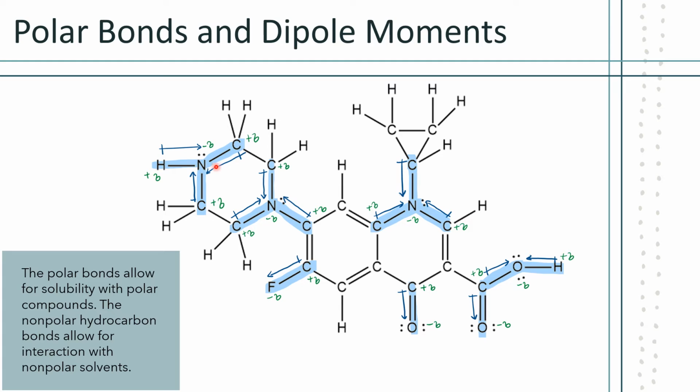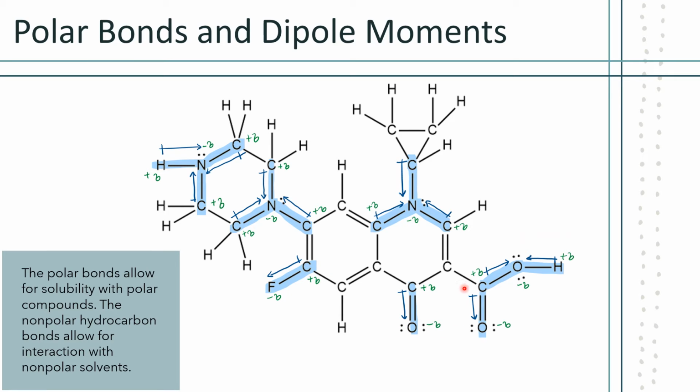Ciprofloxacin has various polar bonds, such as the ones observed in the amine groups, where the nitrogen is partially negative and the carbon or hydrogen is partially positive. We can also observe another polar bond here between the carbon and the fluorine, where the fluorine is partially negative and the carbon is partially positive. Here at the ketone, the carbon is partially positive and the oxygen is partially negative.